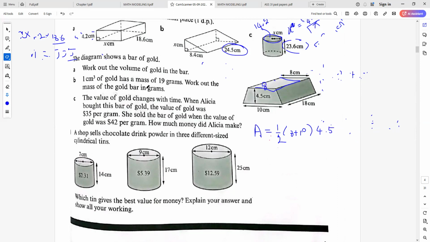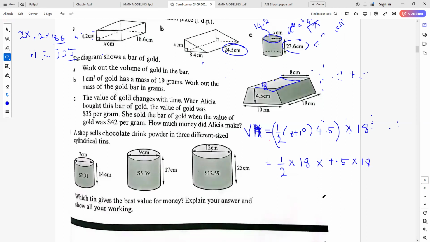Now, if I want to find the volume, since they have asked the volume directly, I write volume here instead of A. The cross-sectional area is multiplied by the length 18 to get the volume. If I simplify this, I will get half times 4.5 times 18, right?